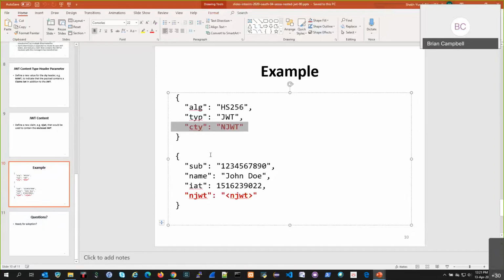Here it's a different use case, where I think all the semantics and understanding of what needs to be done are defined at the claim level. You understand that there's a nested JOT by virtue of encountering the nested JOT claim. So if we do proceed with this at all, or even in the draft itself, I don't think the content type is necessary, and it only potentially confuses the issue. Not to mention that it's supposed to be a media type. So yeah, I'm not really hung up on this.